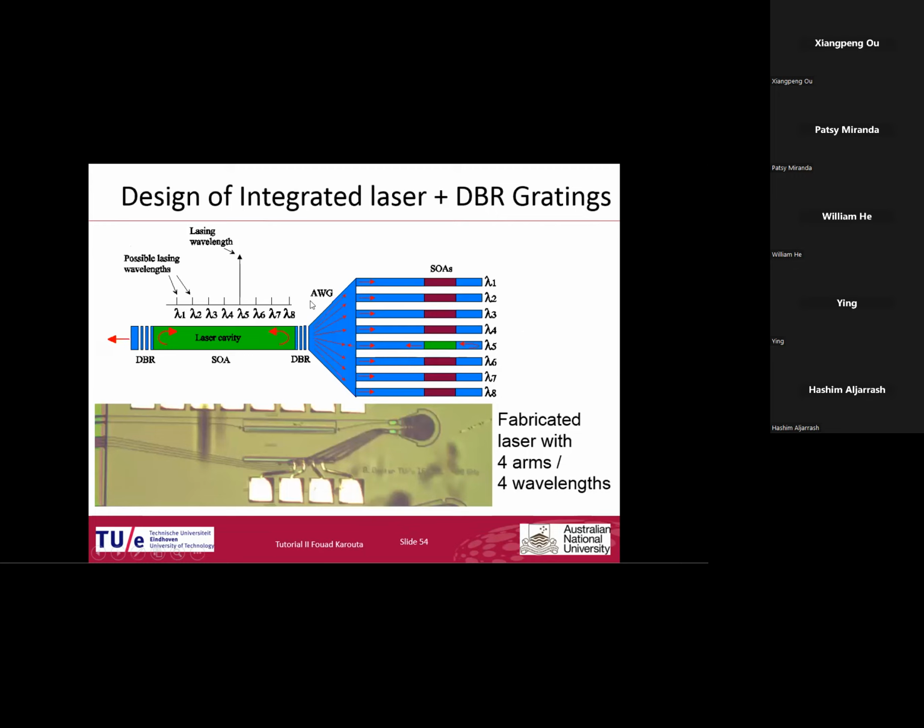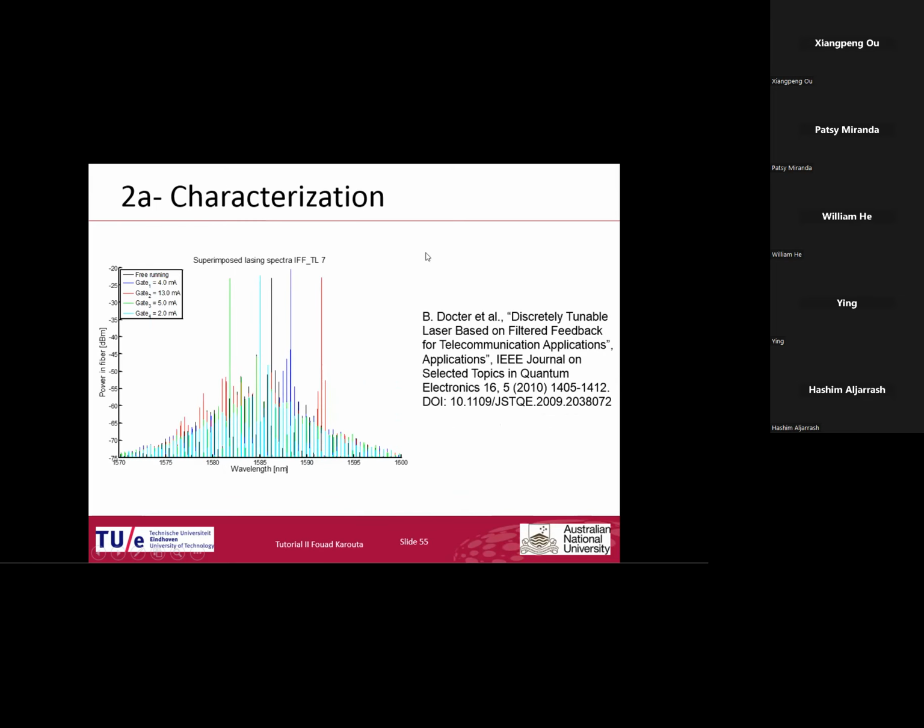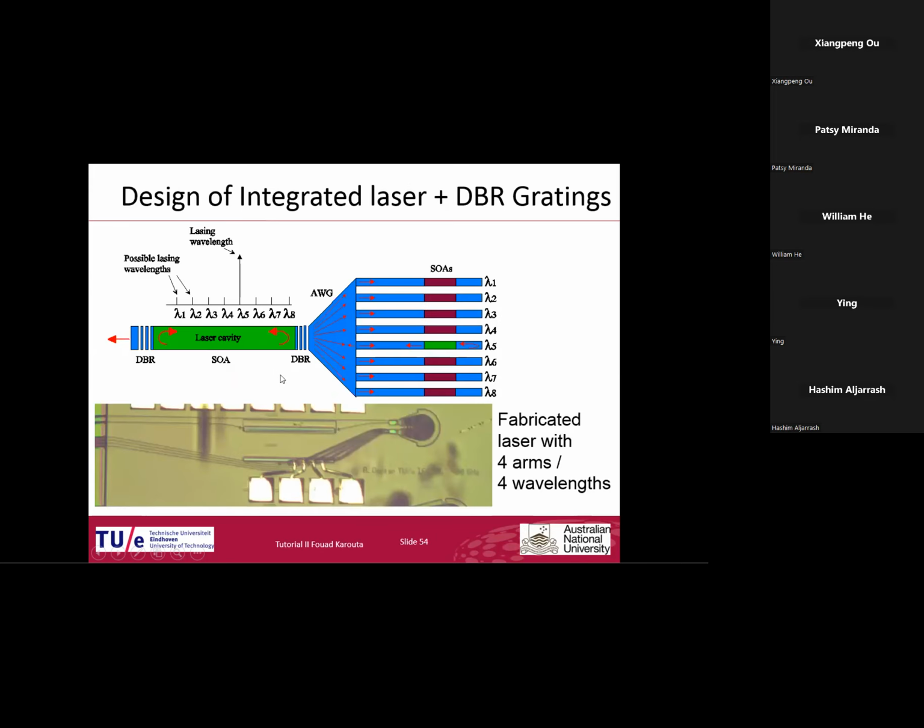And with this technology, we managed to do multi-wavelength lasers. So in reality, the aim was at the end 8 wavelengths, but this device here was 4 wavelengths. So with this technology, we managed to get 4 discrete wavelengths matching the ITU grid of the telecommunication. And you see that is the central wavelength.